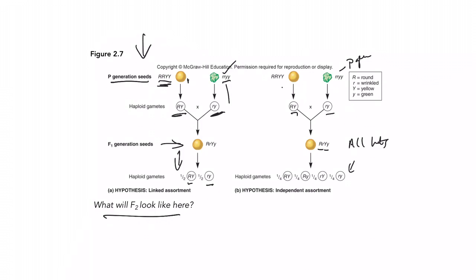And there's an equal probability that you can produce each of these individual gametes because they're assorting independently of each other. So you could have big R and big Y. You could also have big R and little y. You could have little r and big Y, or finally little r and little y. So these two gametes represent different varieties of gametes than what we would see under the hypothesis of linked assortment.